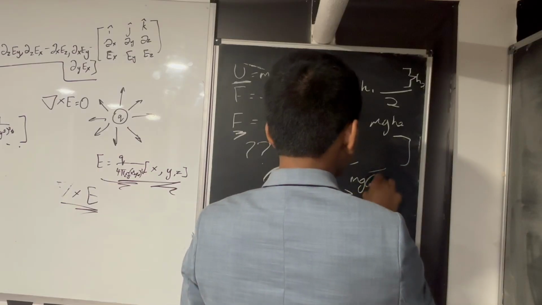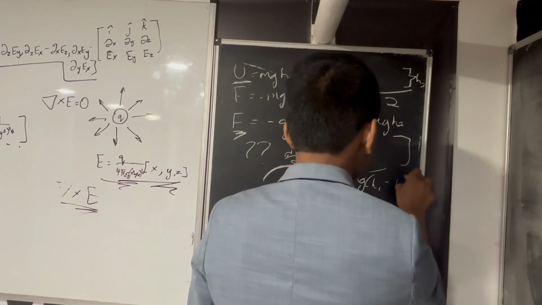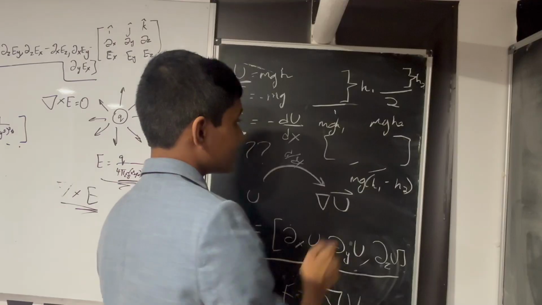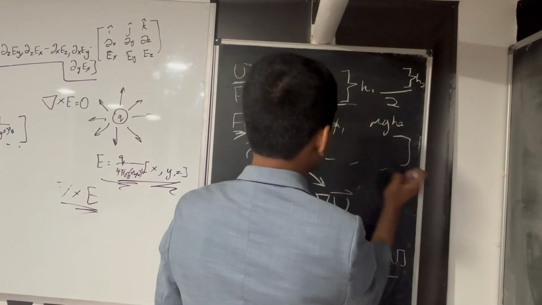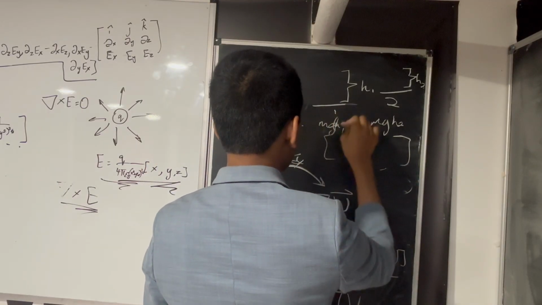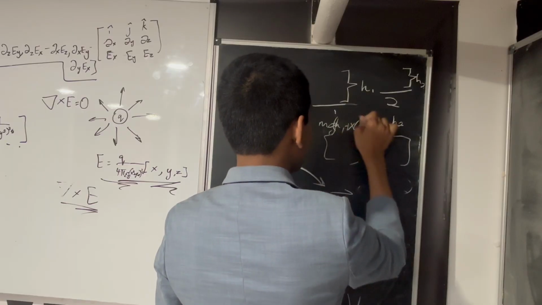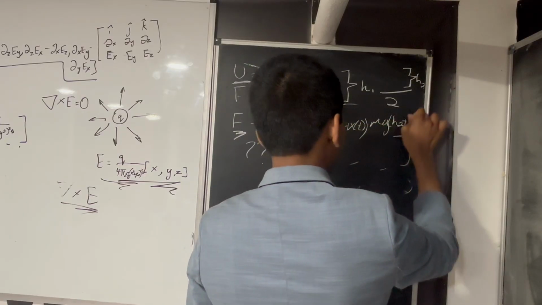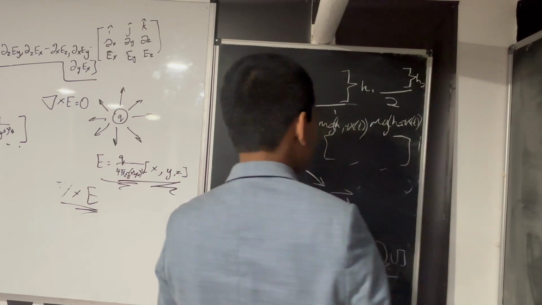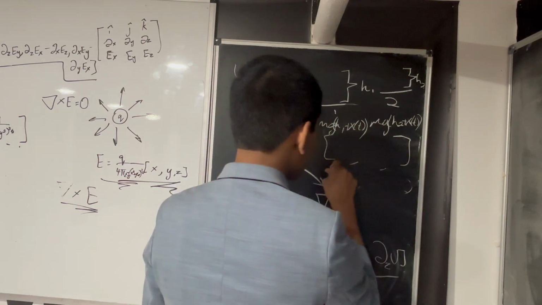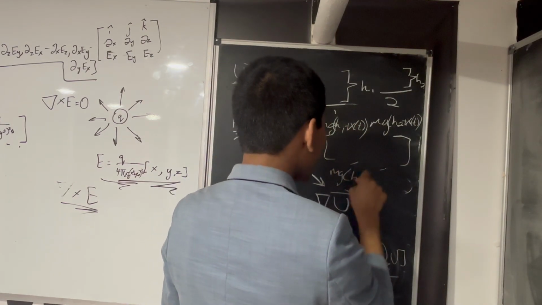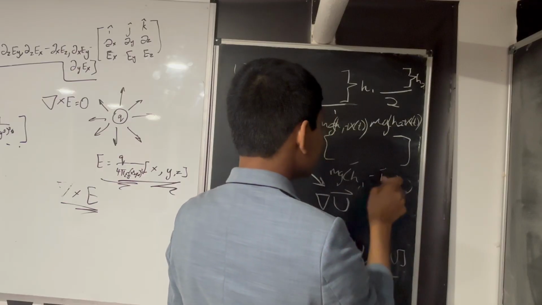The only thing that changes is a constant. In fact, you can now write mgH1 plus x of t, mgH2 plus x of t. And so when you subtract these from one another, all you have in the end is mg(H1 minus H2).